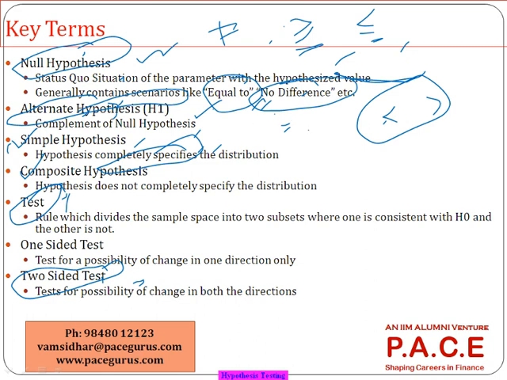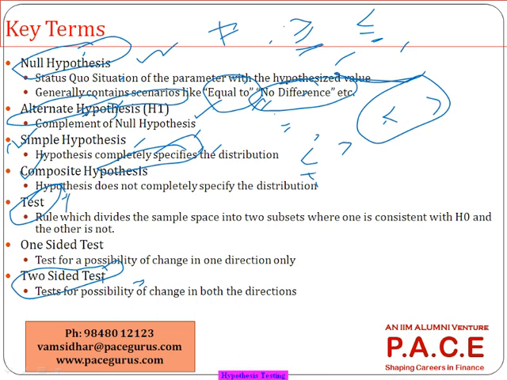But if we have a range of values as a part of the hypothesis, which means less than, greater than, or less than or equal to, and not one single defined value, we call those kind of hypotheses composite hypotheses.